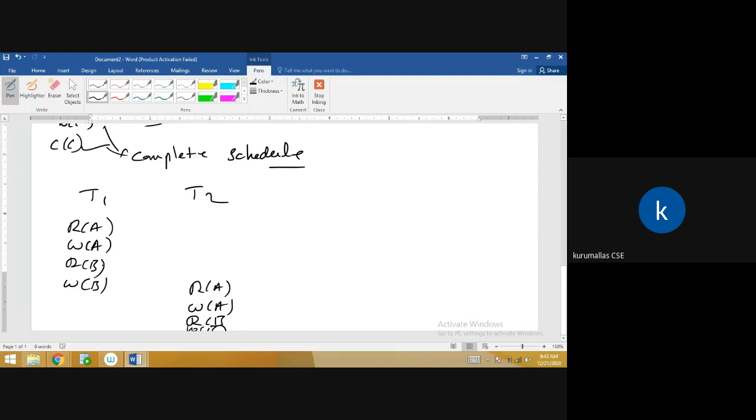A non-serializable schedule means concurrent fashion, where T1 and T2 transactions interleave. When working with T1, for example, we read the Suresh account and 200 rupees is debited from it. Before updating the Suresh account, T2 is started. After T2 completes, T1 again updates the Suresh account.